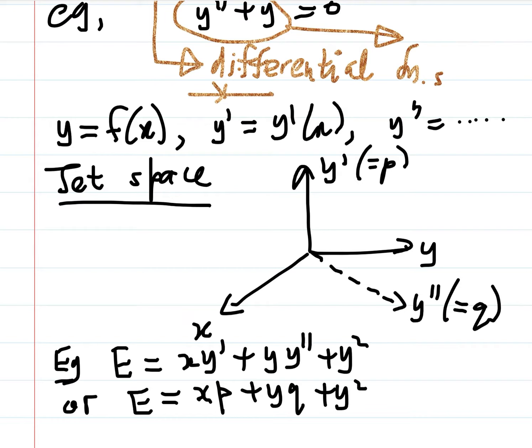So this is a function now of four variables, where you need to keep at the back of your mind that the variables y dash, y double dash are variables in their own right.